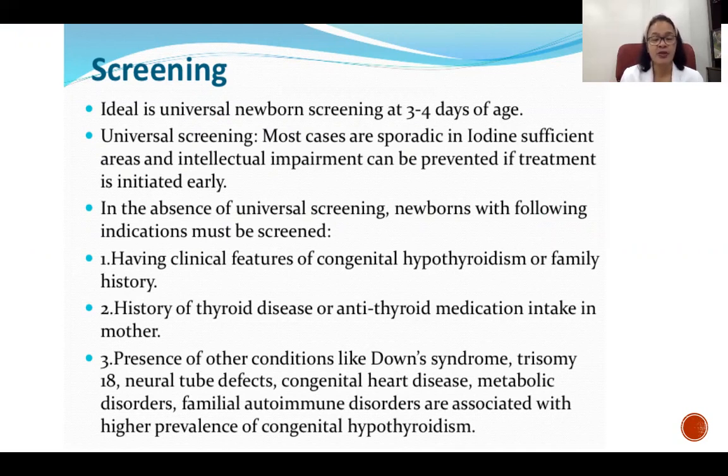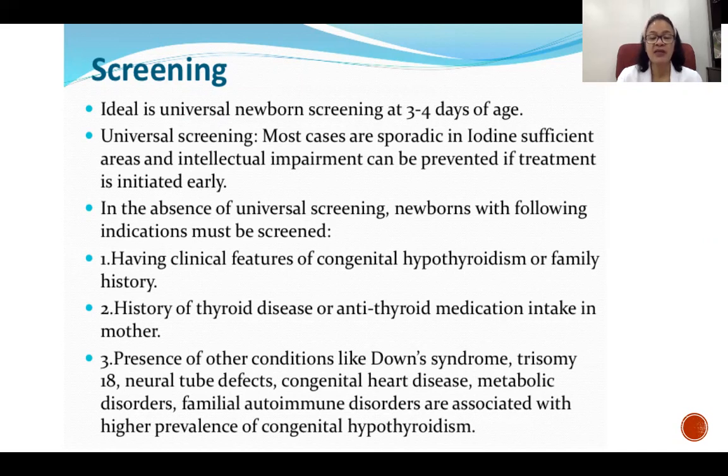It is a universal screening, and in the absence of universal screening, newborns with the following indications must be screened. If you are in an area where universal screening is not mandatory, these are the indications for screening your babies.